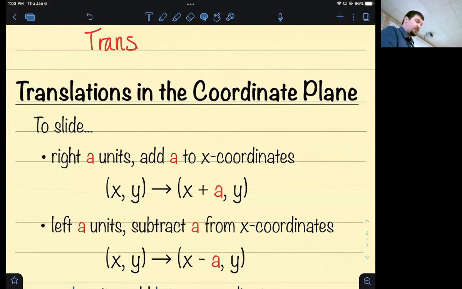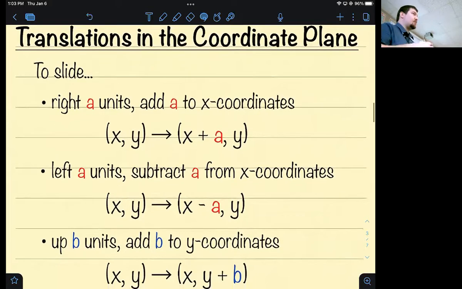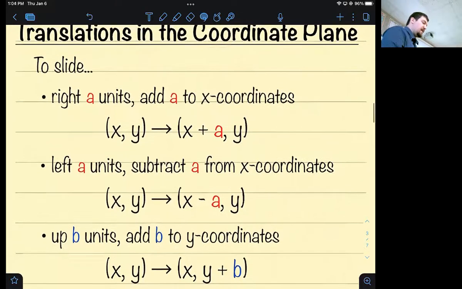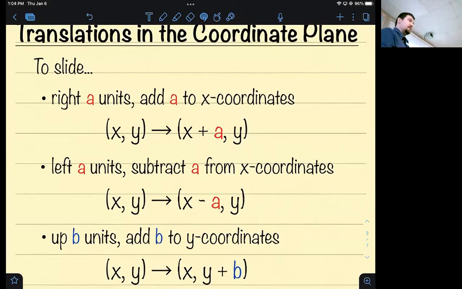But what arrow notation is, it tells you what's actually happening to the coordinates. So we said that the shape's being slid around, but what's actually happening? Well, if you slide a shape to the right, you're going to add to the x coordinate, because remember the x-axis is the left-right axis. So if you add to that x coordinate, it slides it to the right.